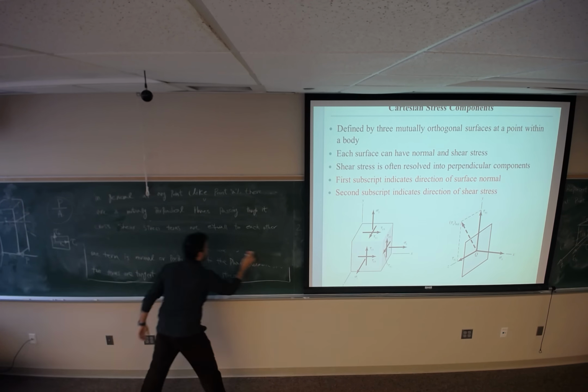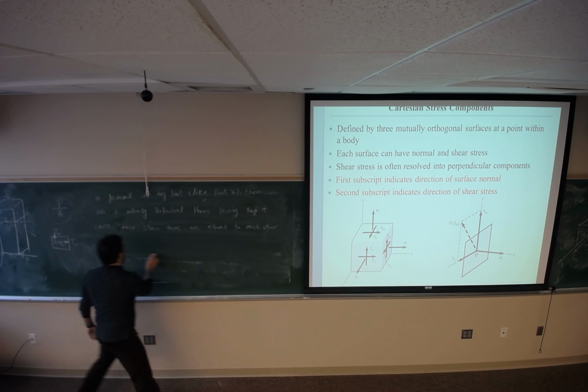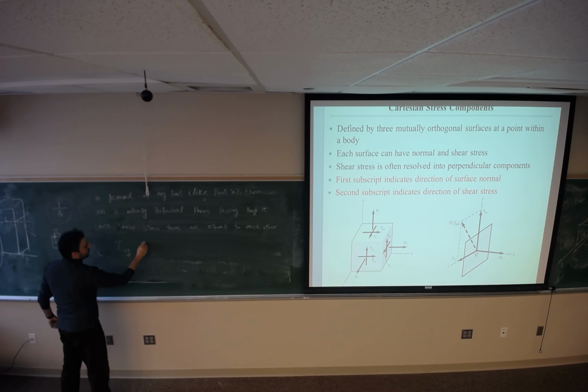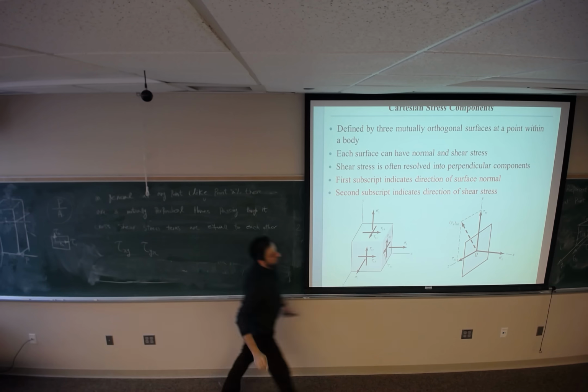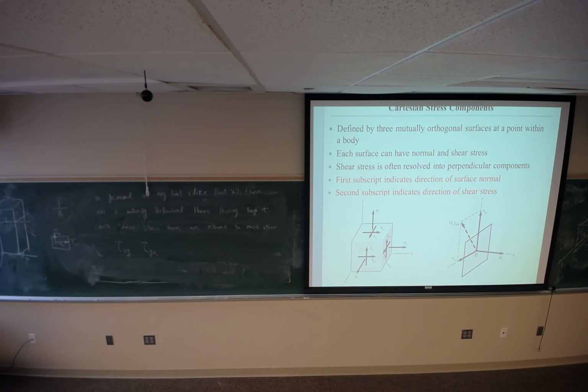I mean, if we have tau xy, the cross shear is yx. Tau xy is this guy. It's on plane x in y direction. Tau yx is on plane y in x direction.